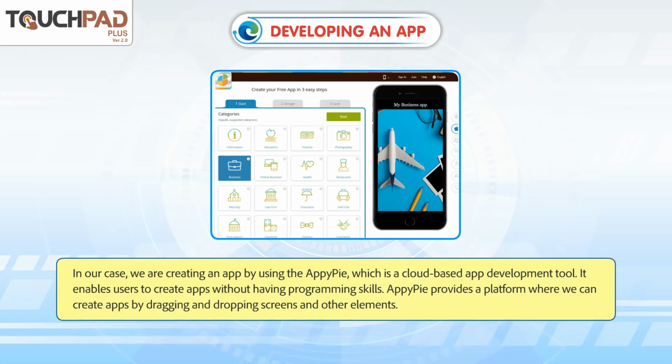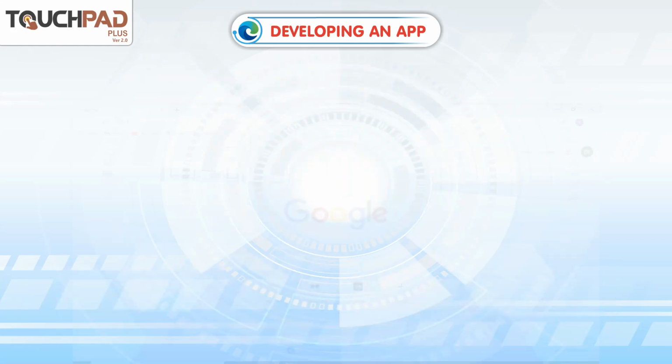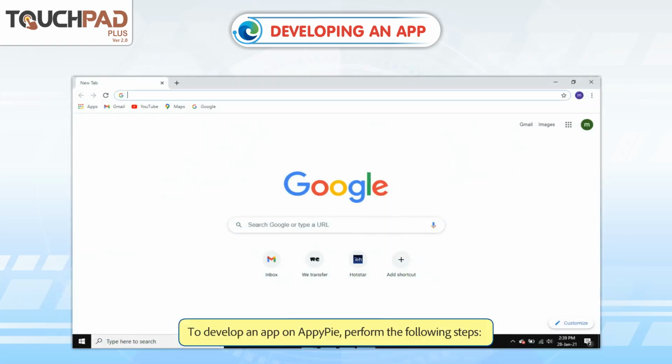In our case, we are creating an app by using the AppyPie, which is a cloud-based app development tool. It enables users to create apps without having programming skills. AppyPie provides a platform where we can create apps by dragging and dropping screens and other elements. To develop an app on AppyPie, perform the following steps.